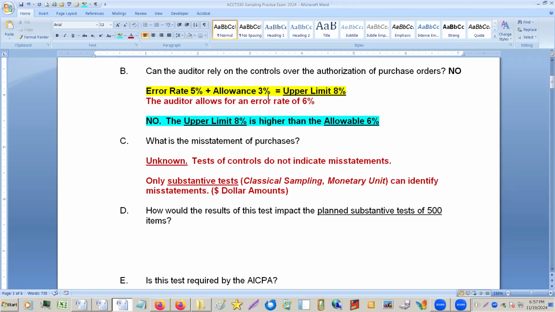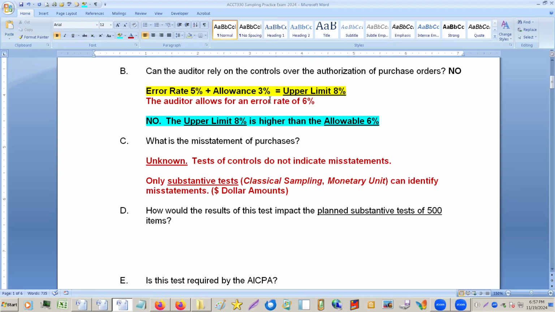So we were hoping to rely on the controls. That's the whole reason why we did the test of controls. We thought we could rely on them. We go through the testing, we find out we can't rely on them. So we go to the dollar amounts, or whatever we're using.